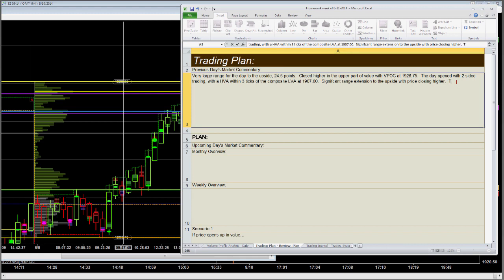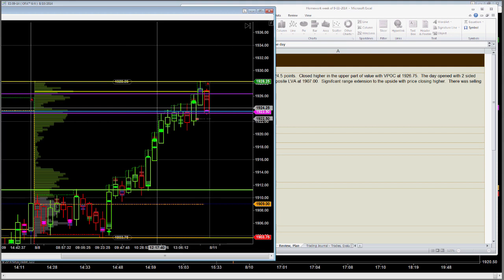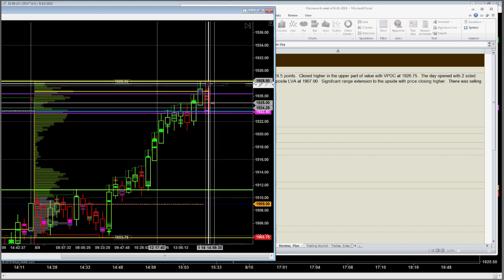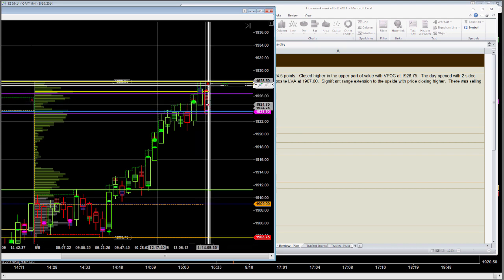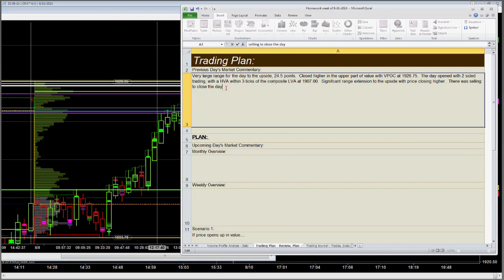So there was selling to close the day, and that tells me that with all of this buying, there was some skittishness as they bailed out of their contracts to close the day. This wasn't sellers stepping in at the end of the day and pushing price down. This was buyers getting cold feet.